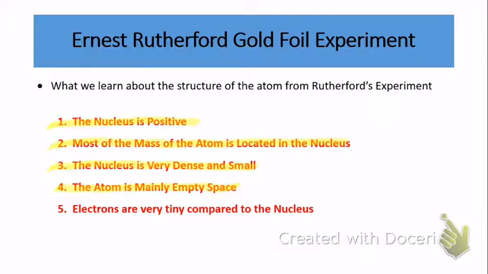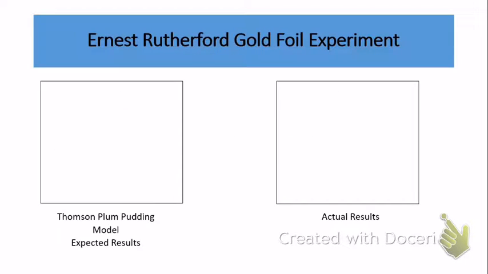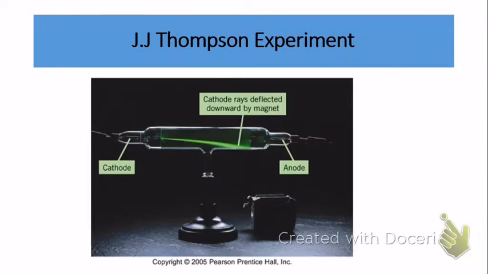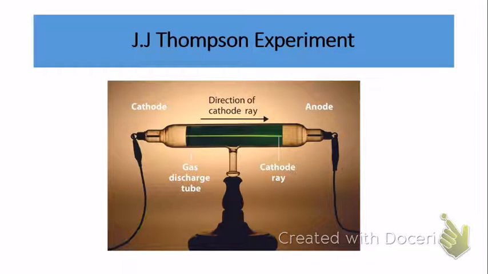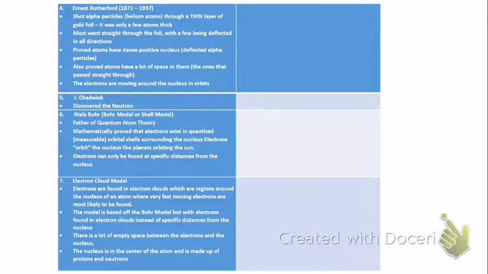And the electrons, again, are very tiny compared to the nucleus. All right, so these are the conclusions that Rutherford is going to make about the atom according to his experiment that was done. So this is going to have to change our whole idea of what the atom now looks like. And we're going to have to build a new model.